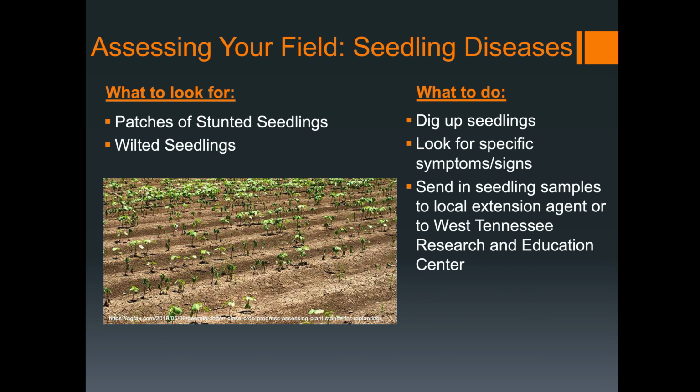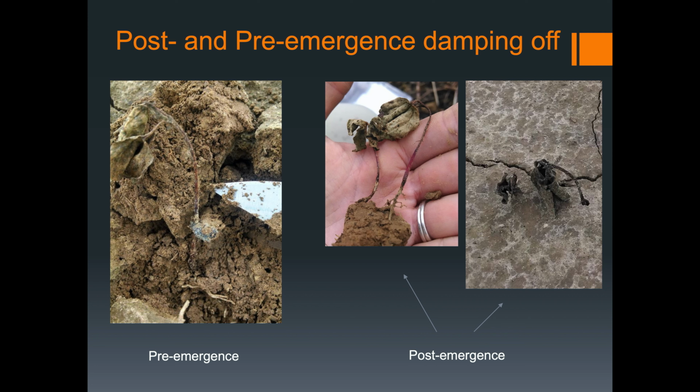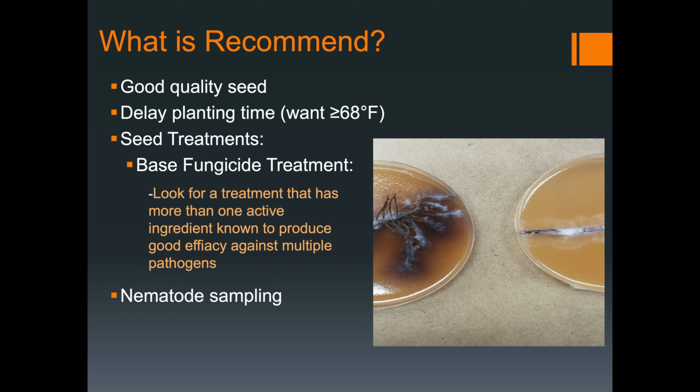Those seedling disease pathogens can outright rot a seed. They can cause pre-emerge damping off, where the plant dies before it's actually emerged, or post-emergence damping off, where it does emerge but then dies off afterwards, or again just stunted and reduced vigor.